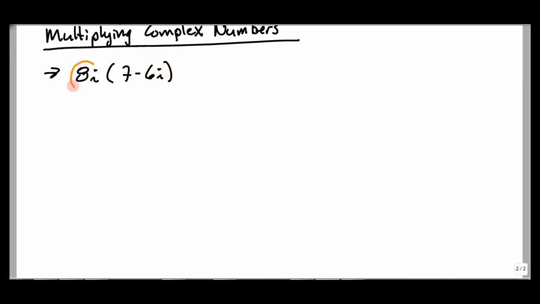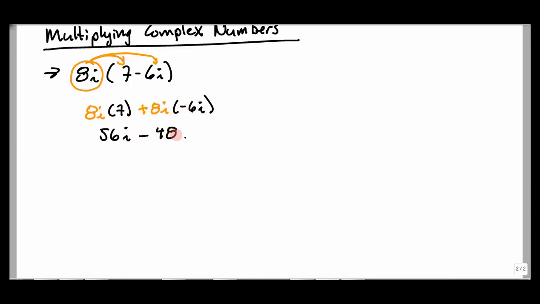You take the 8i, not just the i, but the 8i, and distribute it to everything in the parentheses after it. So I'll have 8i times 7 plus 8i times a negative 6i. So 7 times 8 is 56i. Now over here, negative 6 times 8 is a negative 48i squared.